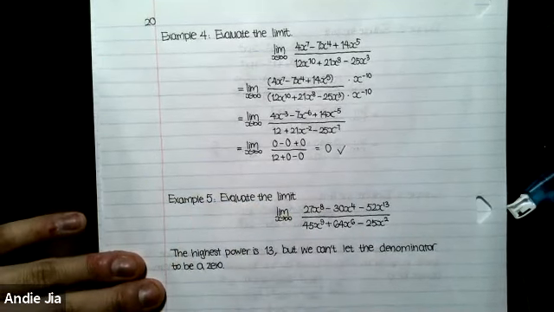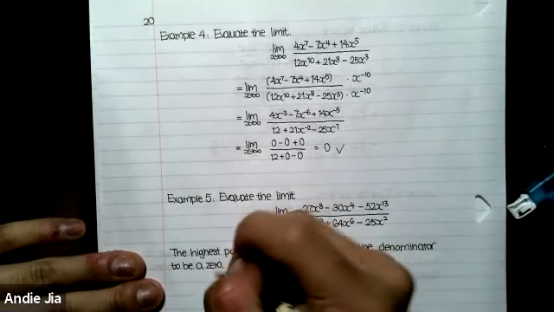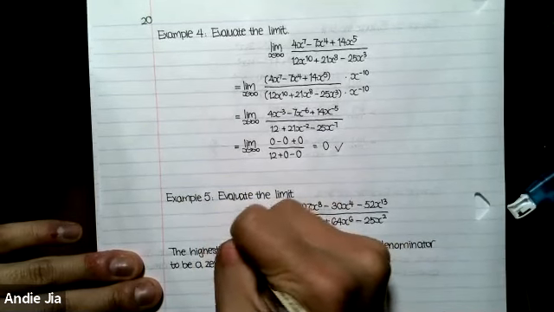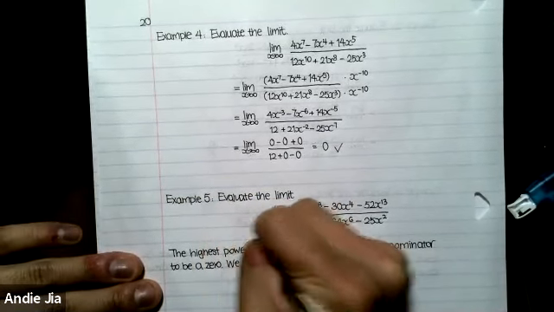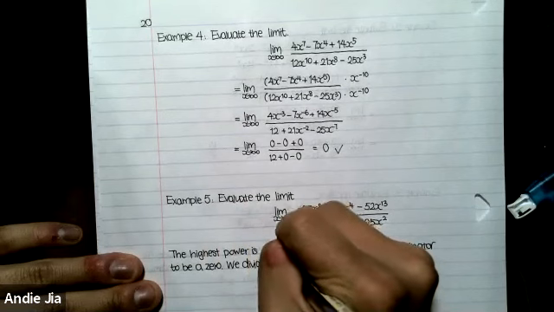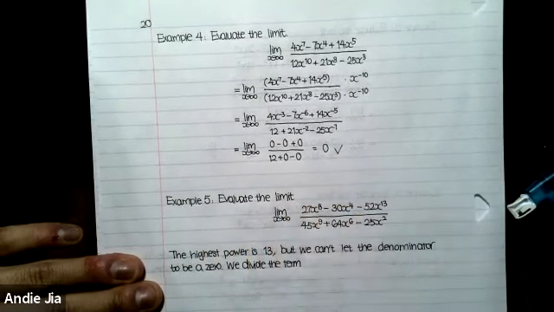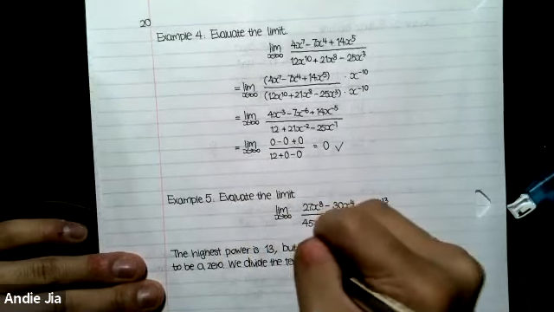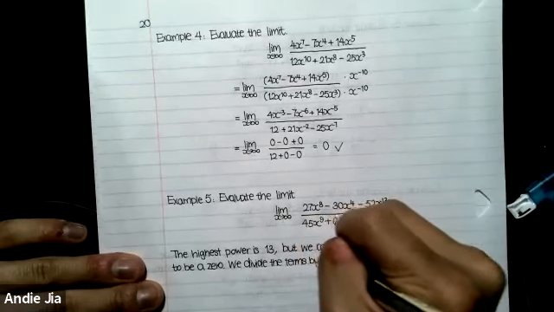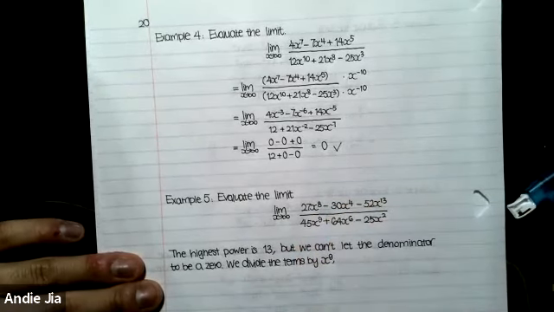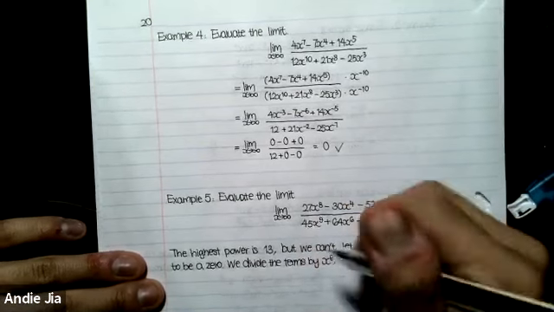So we divide it by x to the 9th, the highest power in the denominator.